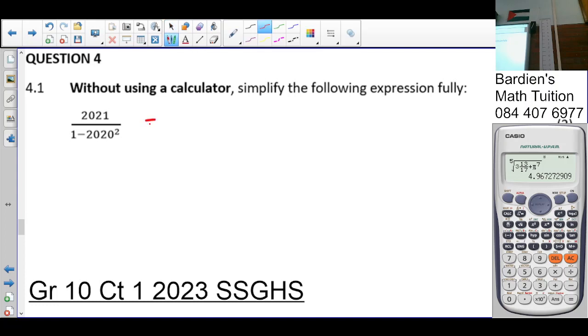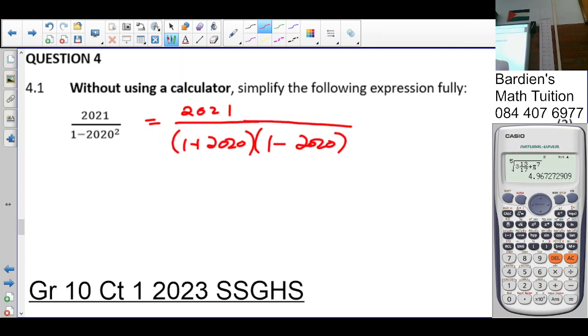Okay, so what you do, guys, you should see what's the square root of 1? 1. What's the square root of x squared? X. What's the square root of 20 squared? 20. So the difference of two squares can be applied in the denominator. So it's 1 plus 20 into 1 minus 20.